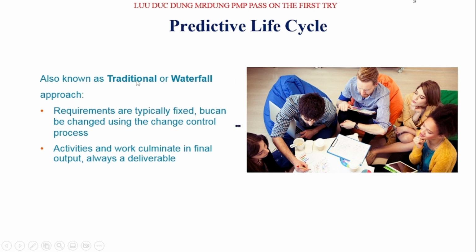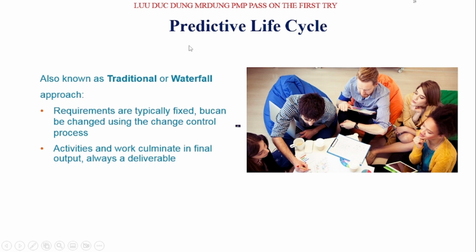We can use traditional or waterfall, but changes can be made using the change control process. Activities and work communicate the final output, which is always a deliverable.